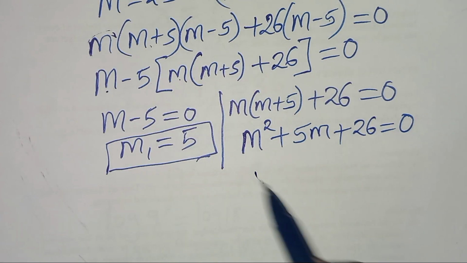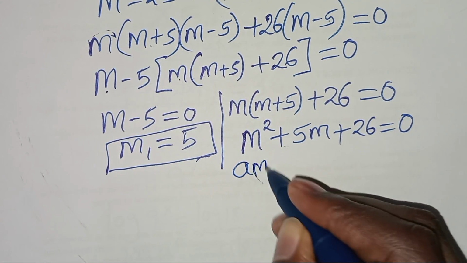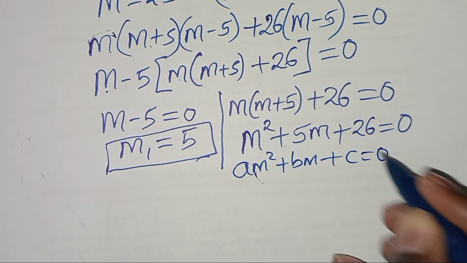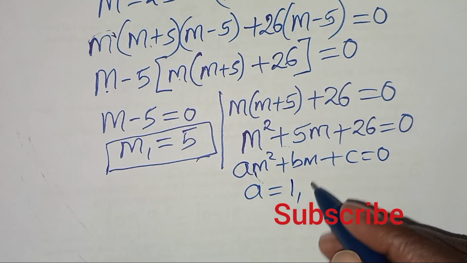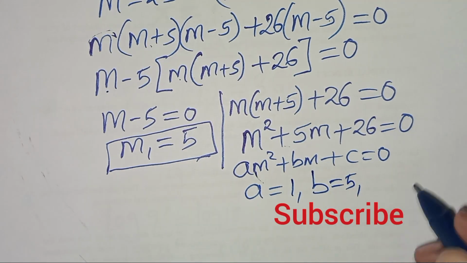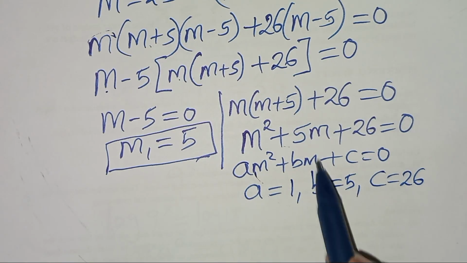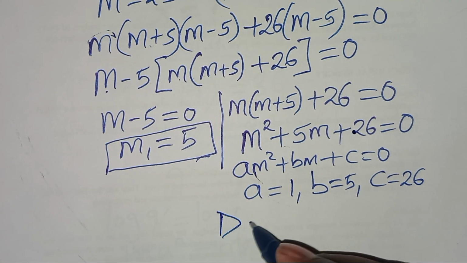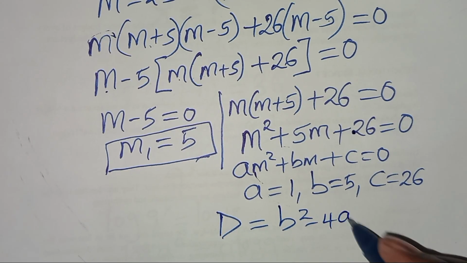This is a quadratic equation in the form am squared plus bm plus c equal to 0, meaning a is 1, b is 5, and c is 26. Let's check the nature of the roots of this quadratic equation by assessing the discriminant, which is basically b squared minus 4ac.